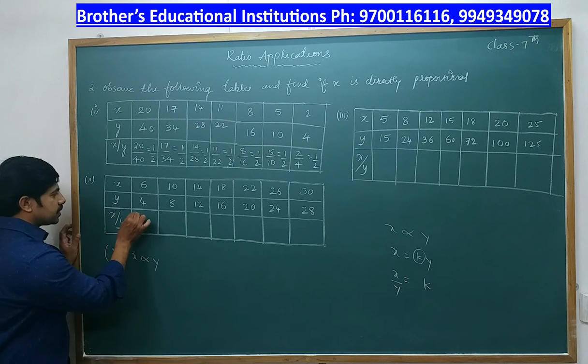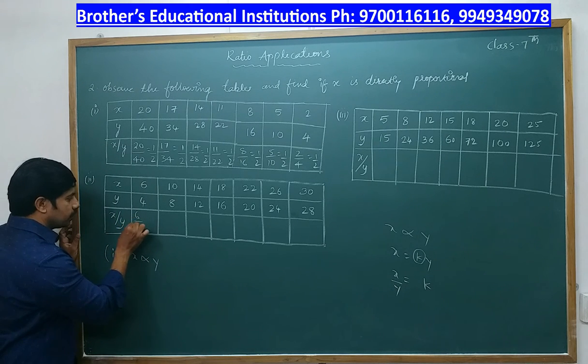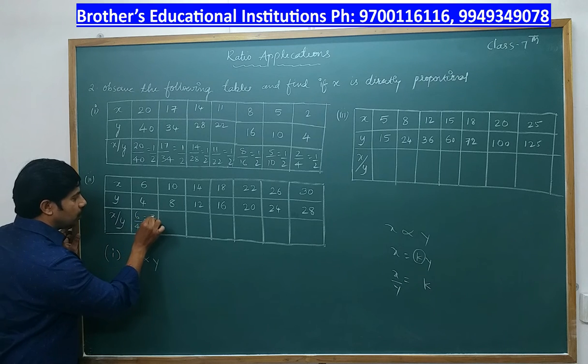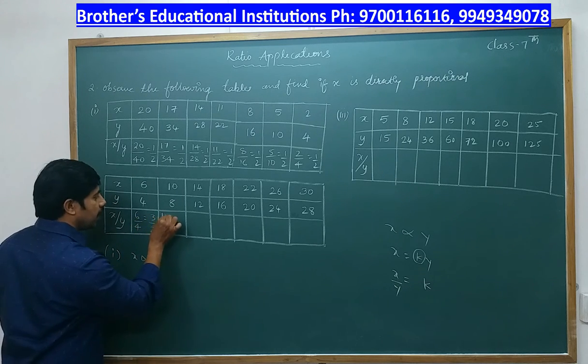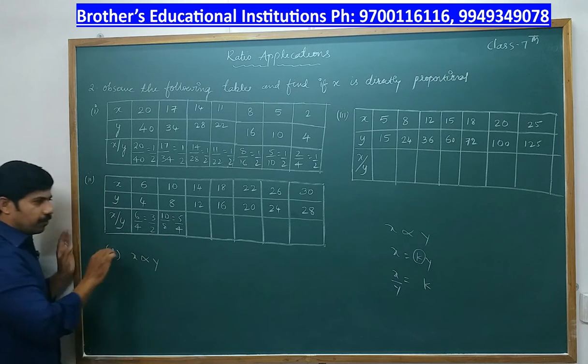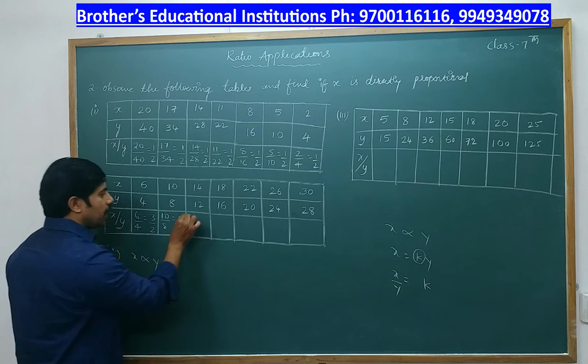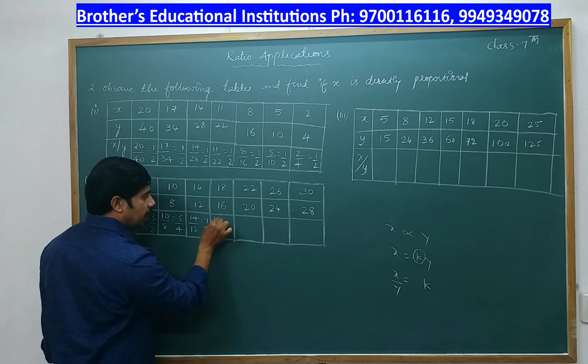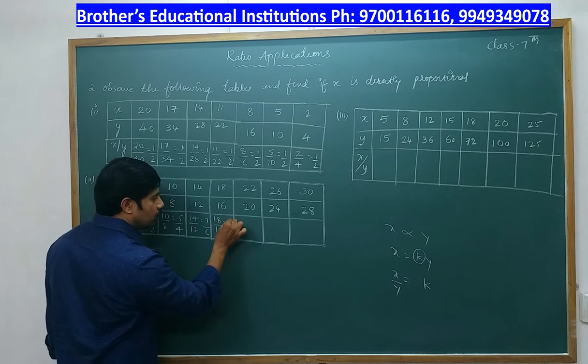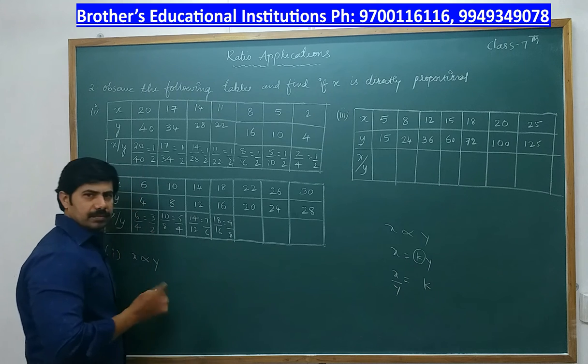See, 6 by 4, it is nothing but 2 3s are 6, 2 2s are 4, we got 3 by 2. 10 by 8, 2 5s are 10, 2 4s are 8, we got 5 by 4, it's changed. So 14 by 12, 2 7s are 14, 2 6s are 12, getting a different value. 18 by 16, 2 9s are 18, 2 8s are 16, right?